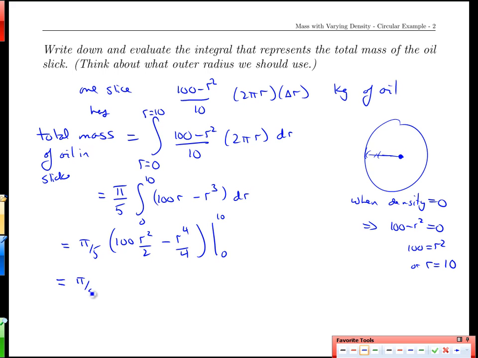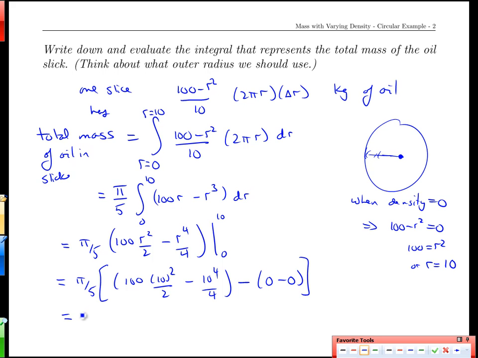Pi over 5 multiplies everything. We have 100 times 10 squared over 2 minus 10 to the 4 over 4, minus the 0 goes in, and we end up with our usual 0 minus 0. Doesn't always happen, but it does happen when we're dealing with polynomials like this.